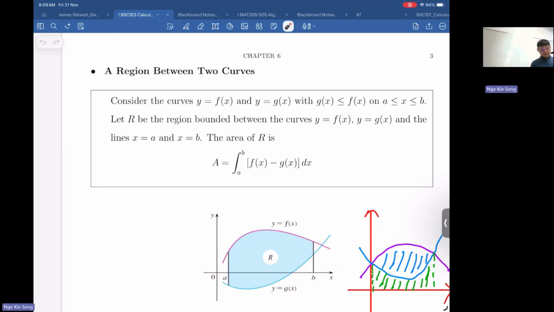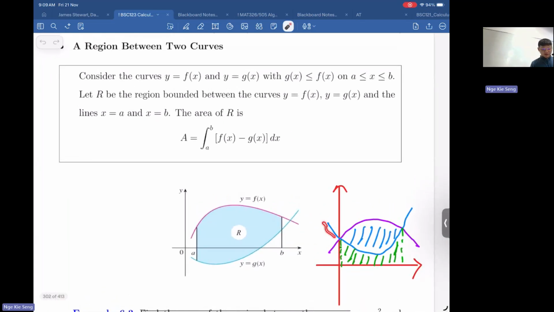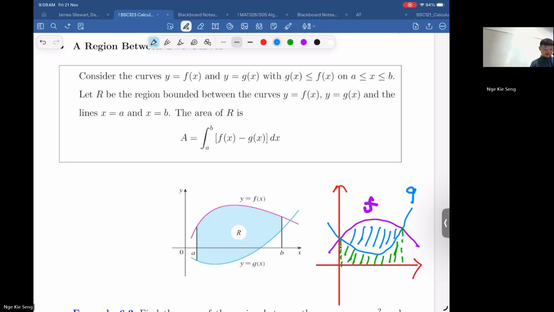So let's see if this makes sense or not. So let's say g(x) is this blue line here, and then f(x) is this purple line. So if you compute the definite integral of f(x), it will be everything below f and bounded by the x-axis, correct or not?